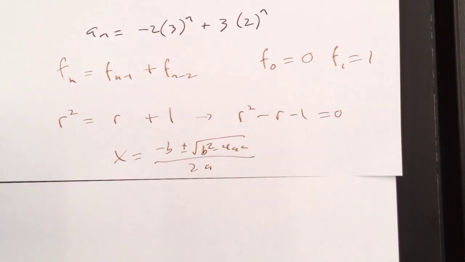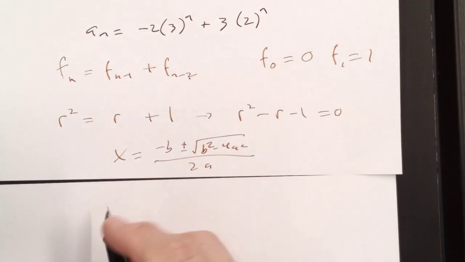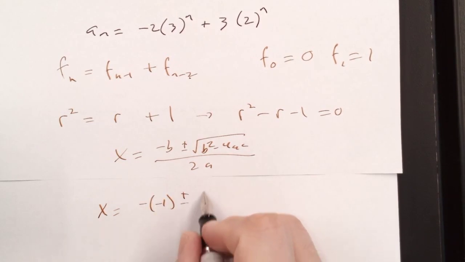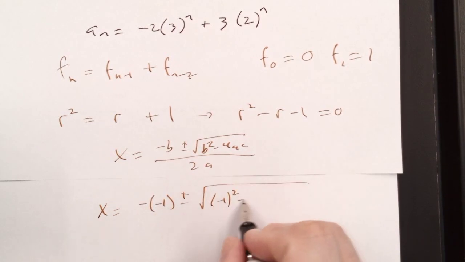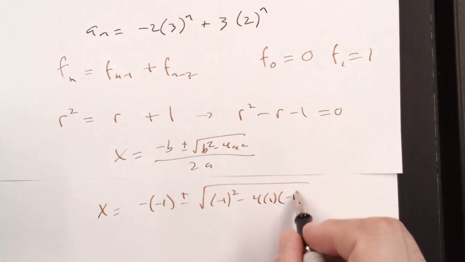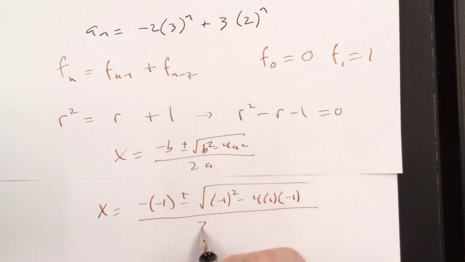x is equal to -b plus or minus the square root of b squared minus 4ac all over 2a. Can't get that stupid tune out of my head. All right, but a, b, and c are all either 1 or -1. x equals -(-1) plus or minus the square root of (-1) squared minus 4 times a, which is 1, times c, which is -1, over 2 times a, which is 1.